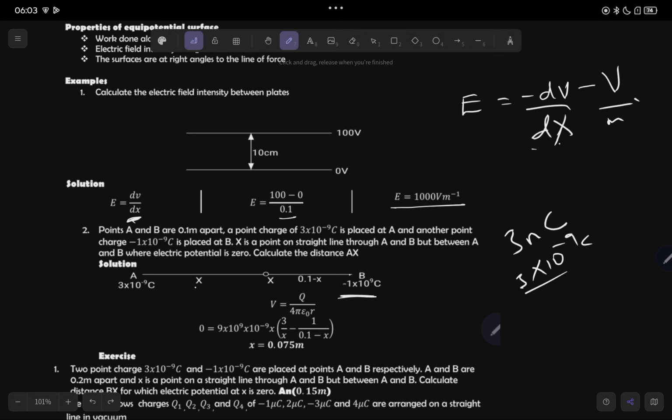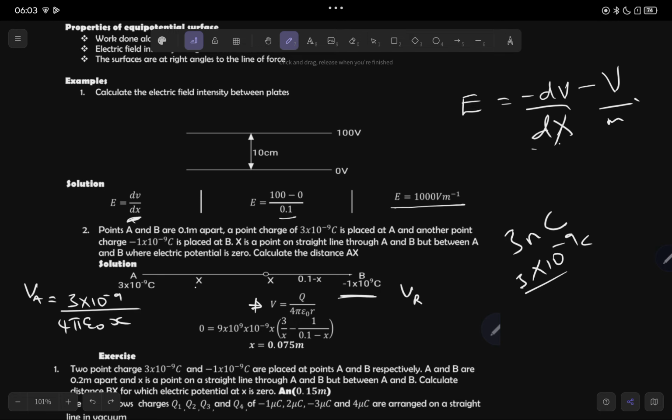Since we want the resultant electric potential to be zero at X, we shall first get the electric potential at A. Using the formula, we substitute there, and we get 3 times 10 to the power negative 9 over 4 pi epsilon naught r, where r here is AX.